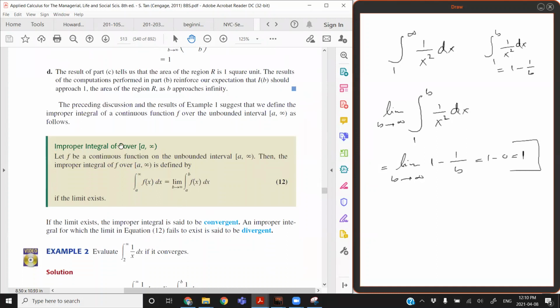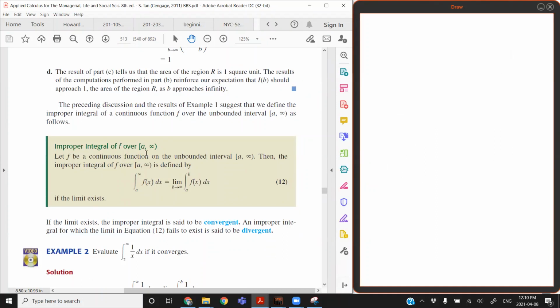Improper integral of f over an interval from a to infinity: if f is a continuous function on the unbounded interval from a to infinity, then the improper integral of f over this unbounded interval from a to infinity is defined to be, so this area here from a to infinity is going to be, the limit as b approaches infinity of this ordinary definite integral.